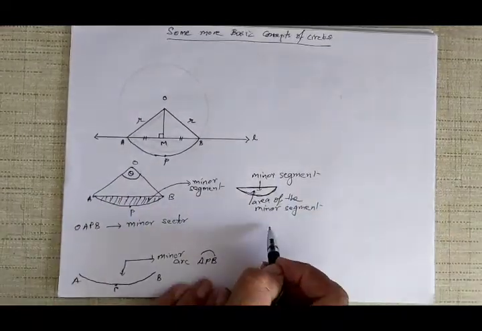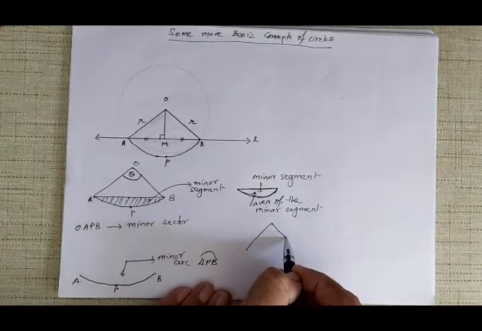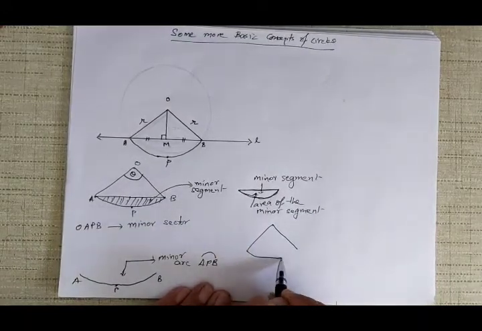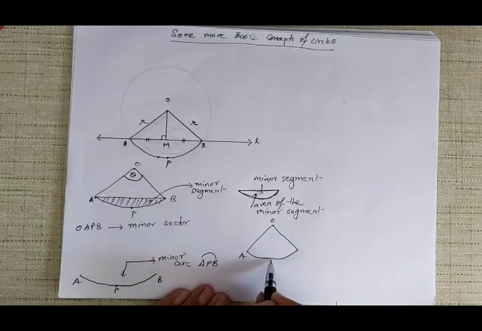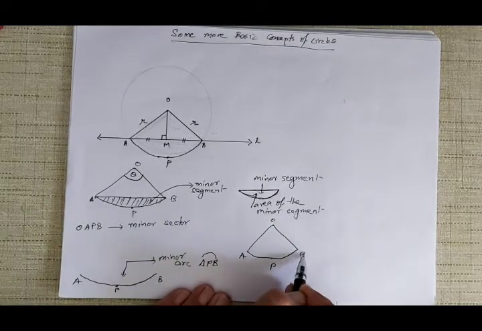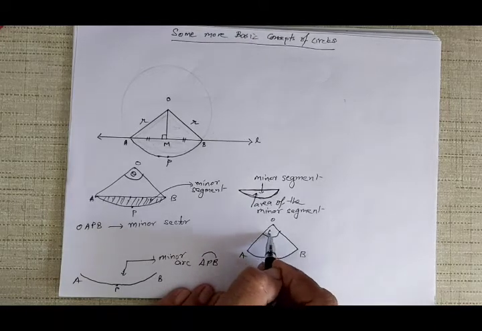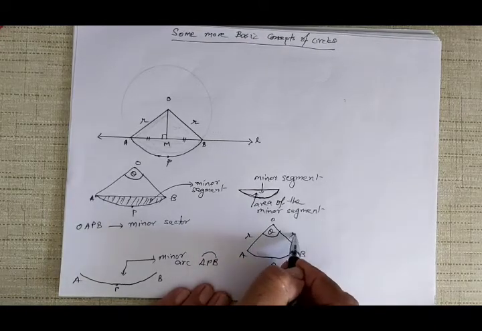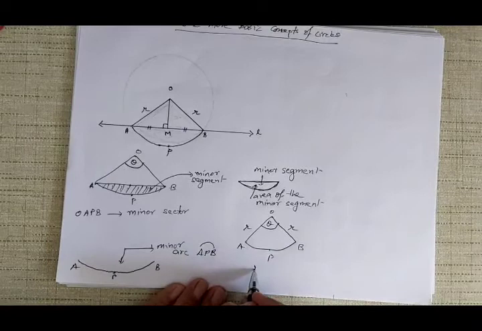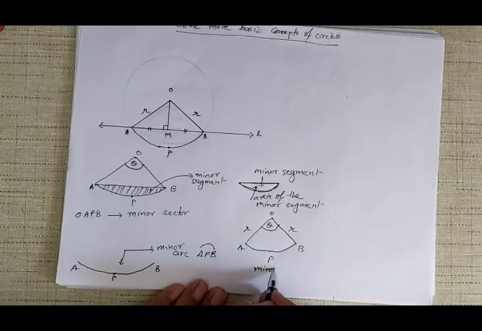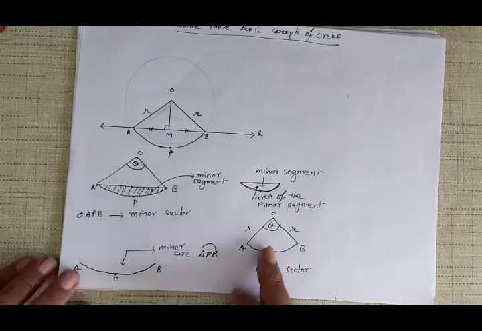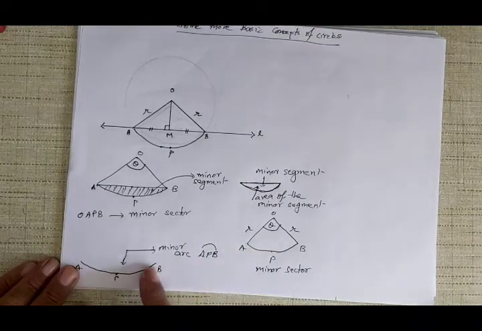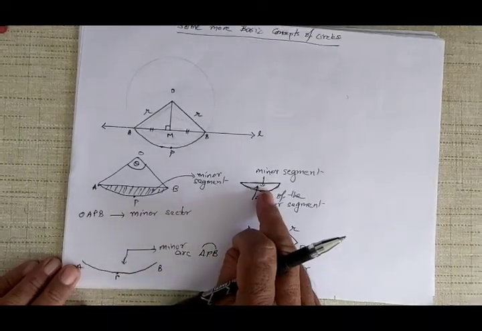So your minor sector is like this. If you look at the minor sector, this O, A, P, B with the angle theta, and this is the radius. So you got minor sector, minor arc and minor segment.